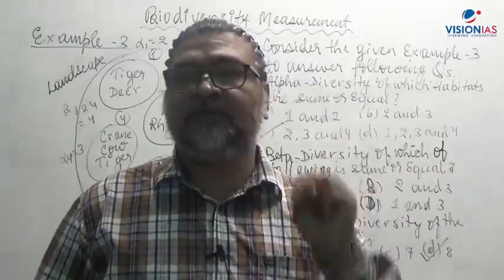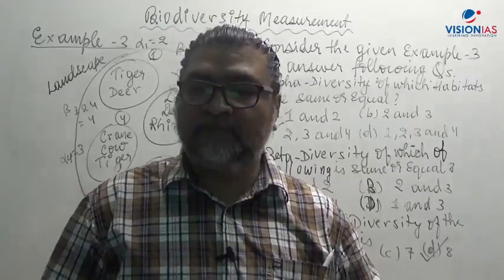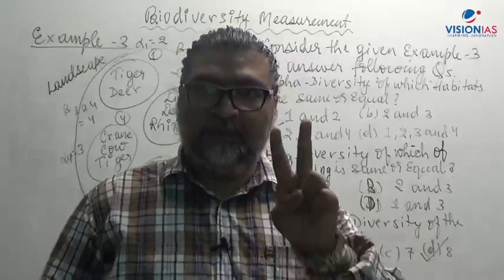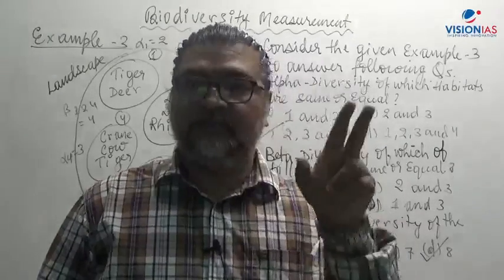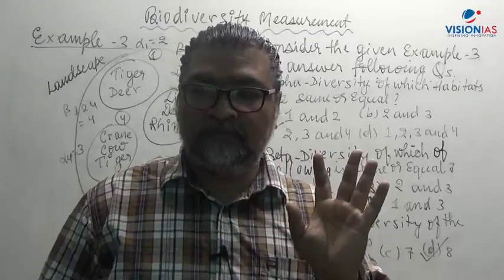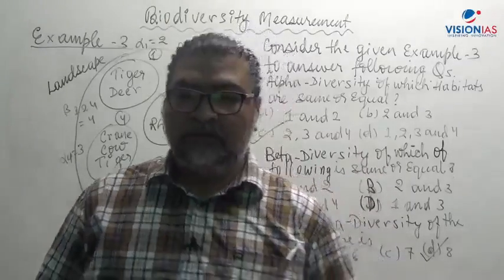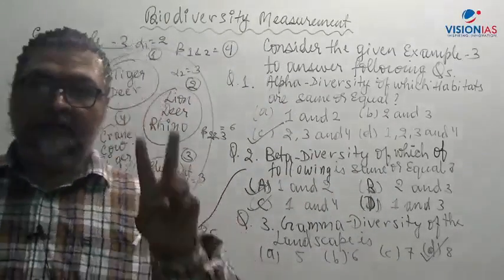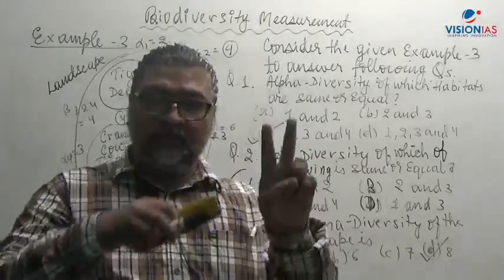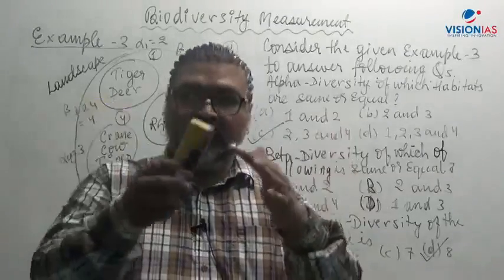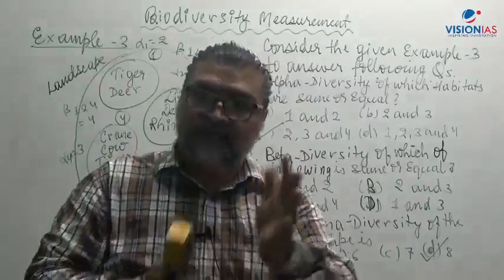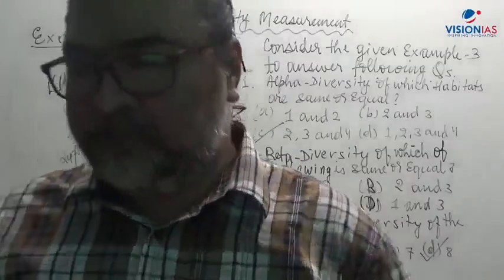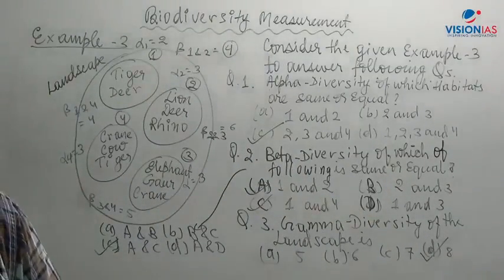It is a comparison of their diversity. You take 2 habitats together, then the number of species you come across is called beta. Let me see your doubts again, or else we'll move to the next topic.